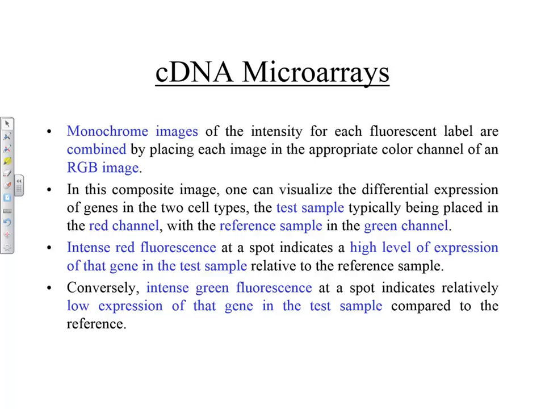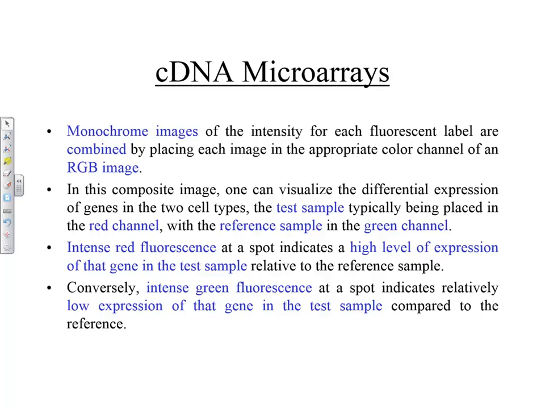So in this composite image, one can visualize the differential expression of genes in the two cell types, the test sample typically being placed in the red channel with the reference sample in the green channel. Intense red fluorescence at a spot indicates a high level of expression of that gene in the test sample relative to the reference sample.